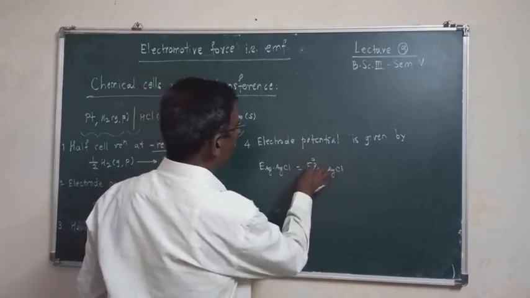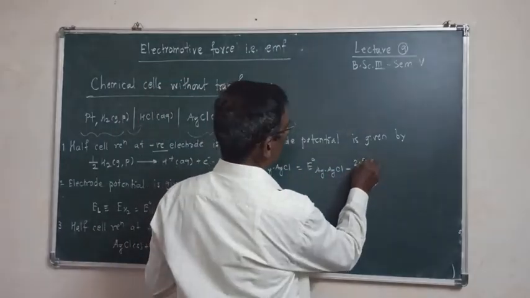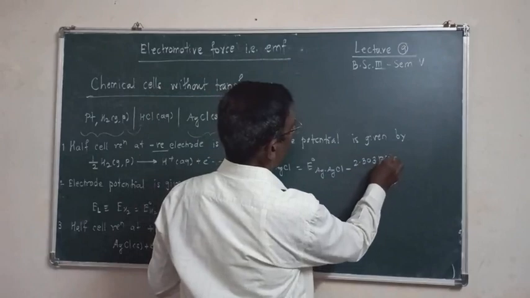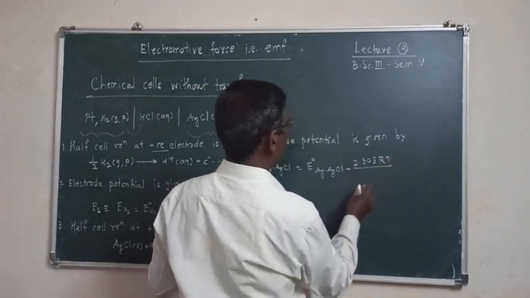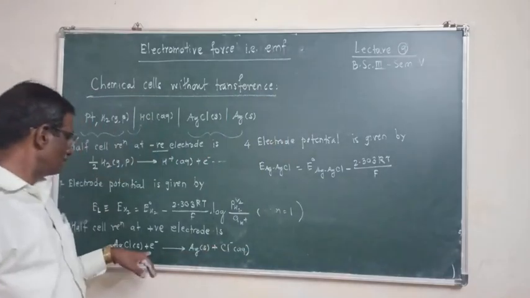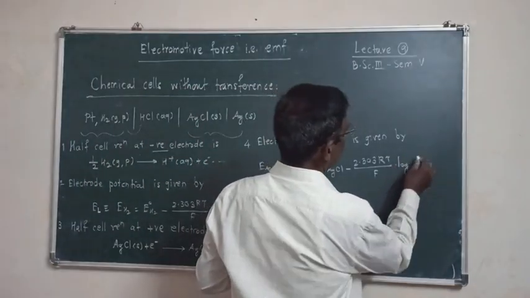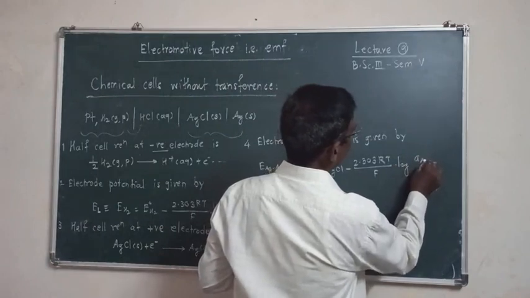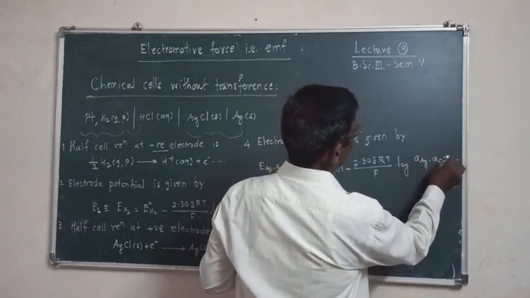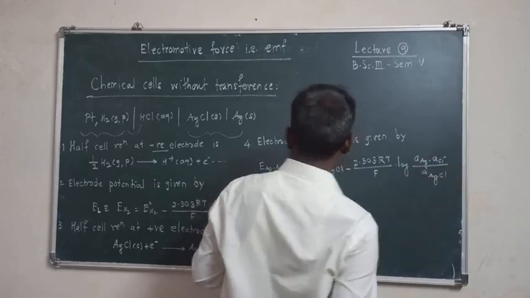This is the standard electrode potential of the AgCl electrode, minus 2.303 RT upon F, because here the value of n is 1, into log of activity of reducer state, meaning activity of Ag and activity of Cl- ions upon activity of AgCl.